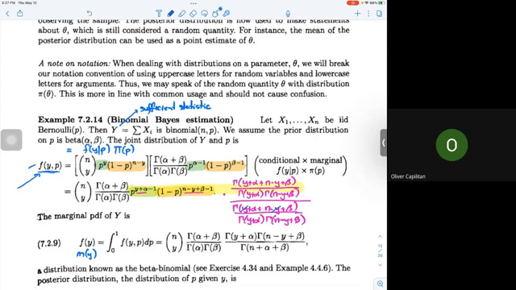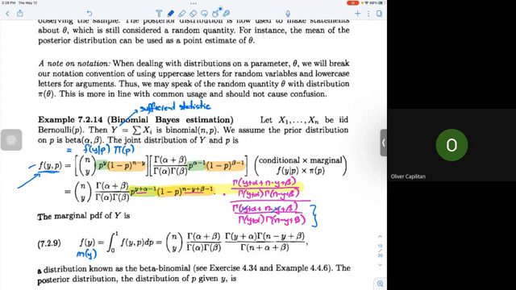And then if we integrate that joint with respect to p, the integral of the yellow part, dp, from 0 to 1, would be equal to 1. So what remains, this pink part, is in the denominator. Let's put it in the numerator, so the reciprocal.